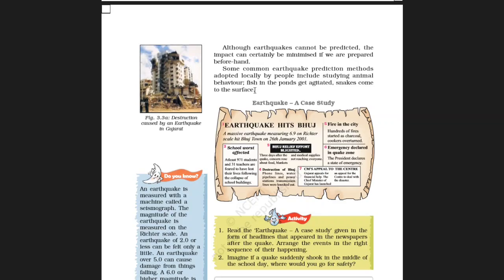Forecast means which we can know before it happens, symptoms like that. Adapted means modified locally by people. With the behavior of animals, it can be predicted.